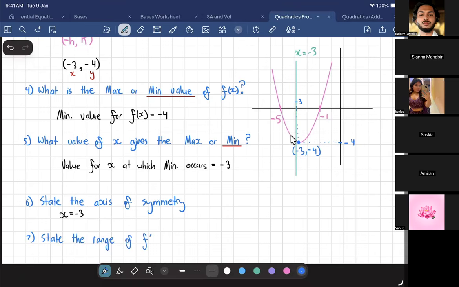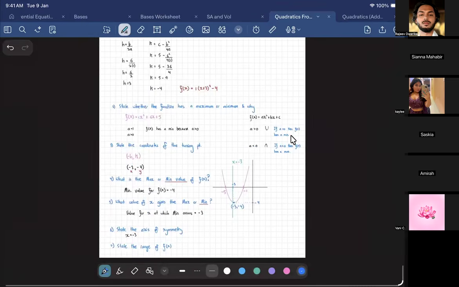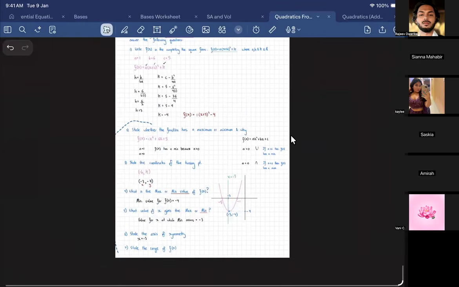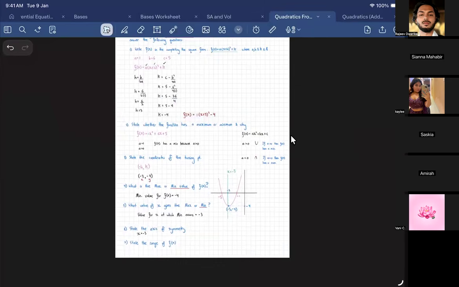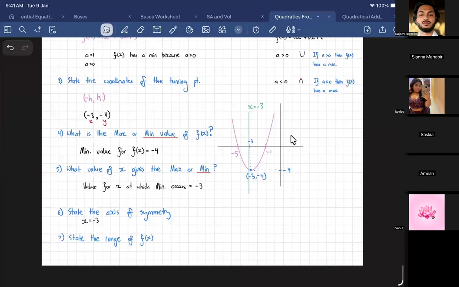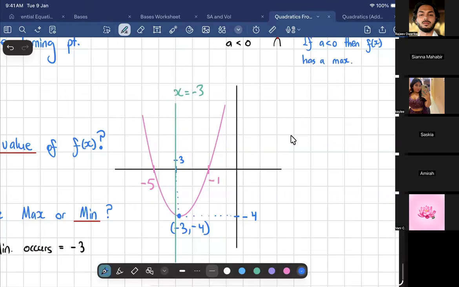The reason I did functions before this is that all of this is just functions. So when I say state the range of f of x, I want you to tell me the range of the y values. So we're going to go on the y-axis.